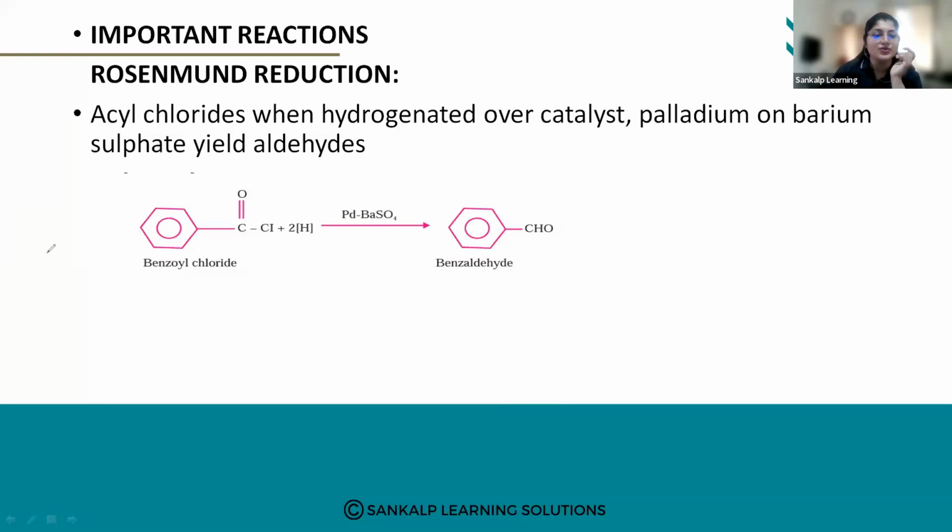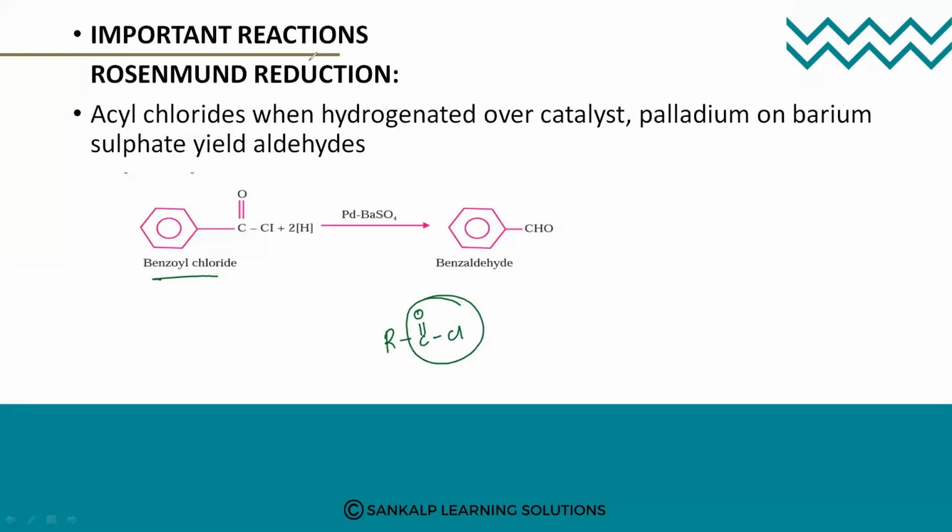So Rosenmund reduction. What is the Rosenmund reaction? You have taken an acyl chloride. Remember what is acyl chloride here? We took the example of benzoyl chloride. Whenever you have R, C double bond O, Cl, and you are doing hydrogenation.